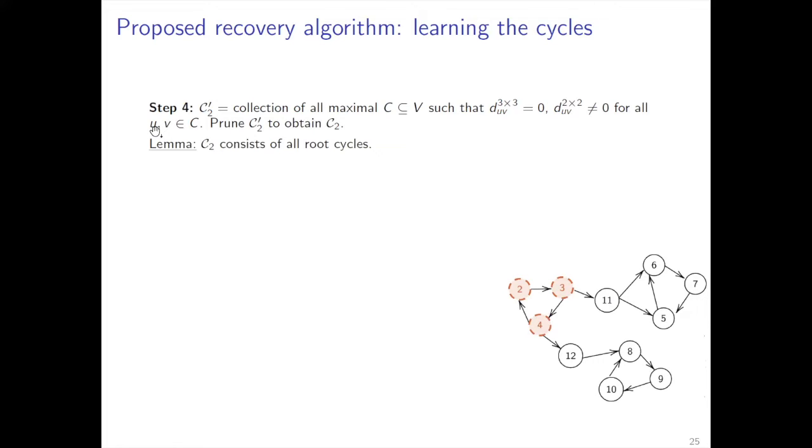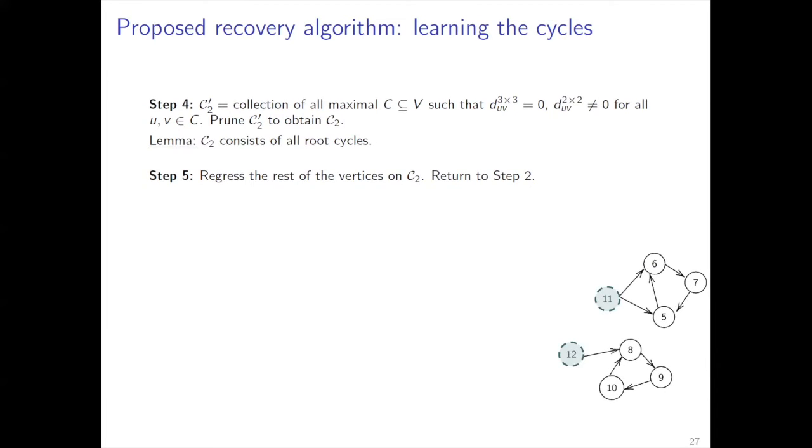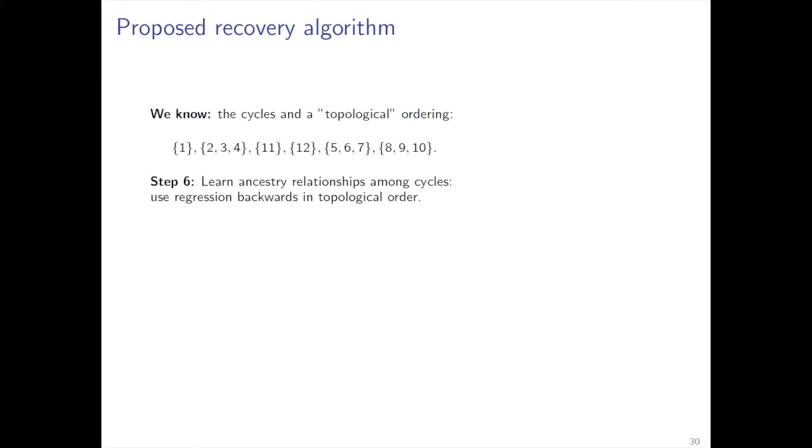This set will contain our root cycles, the strong components that are roots. We have a way to find exactly which ones are root cycles, which I'm skipping some details of, but you can do this, and then you can again regress everything else on this cycle. Now you have this model left, and you can repeat these steps. So now we can identify our root nodes, and now we just have 2 root cycles. We identify them, and then we're done.